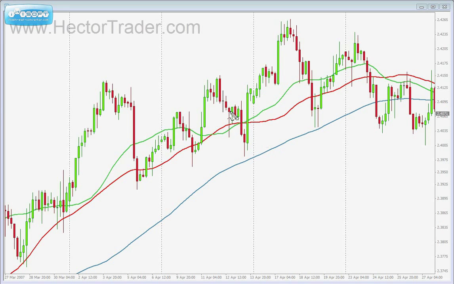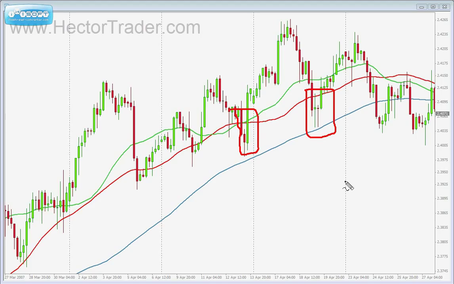Like I say, it's important to follow price action around the 50. The 50 simple moving average, like I say, is similar to the 61.8 Fibonacci retracement. You don't want your retraces to breach the 61.8 Fibonacci retracement by too much. It means that the retracement is getting too strong.